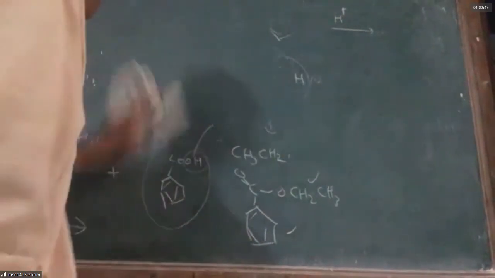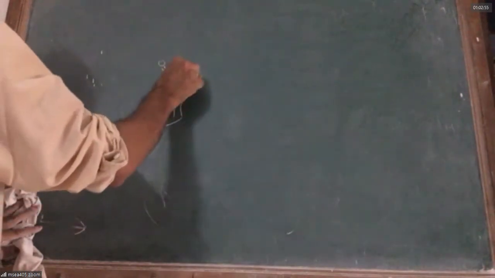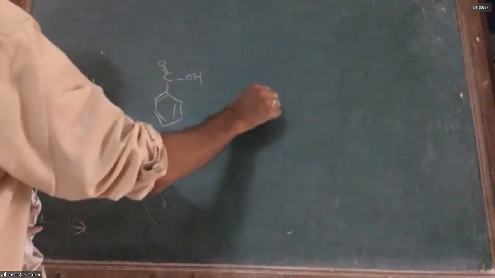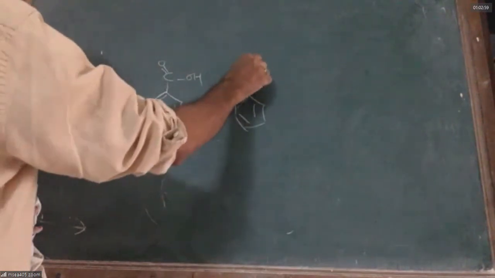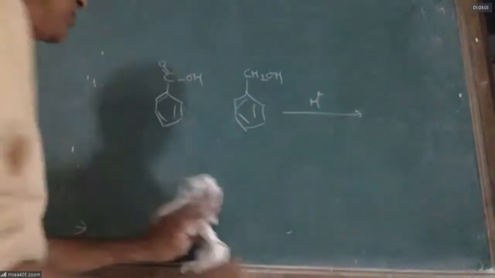My question is, what happens if I react? I will write again. This is your benzoic acid. It is your benzyl alcohol. If I react both of these in the presence of H plus, what do I get?